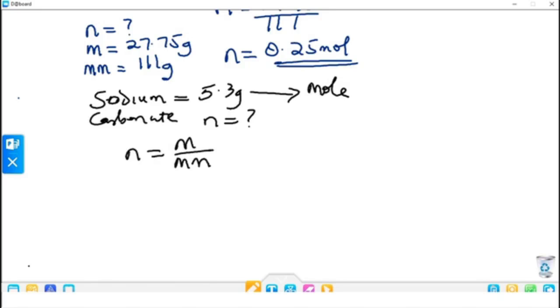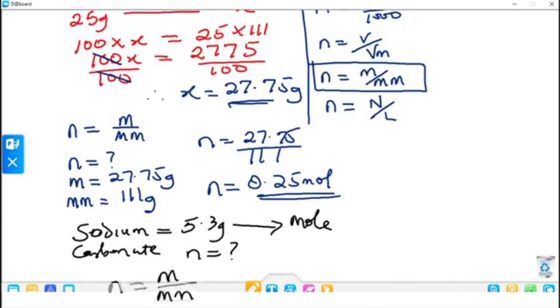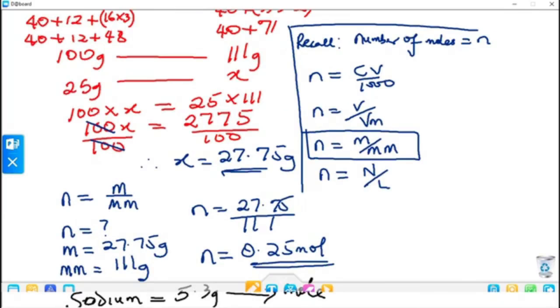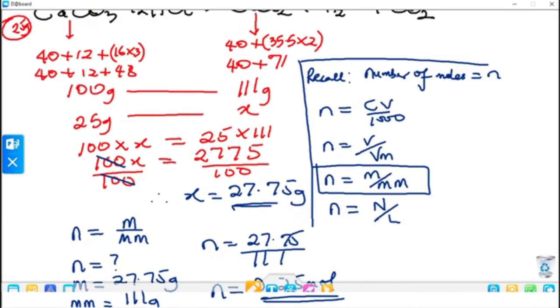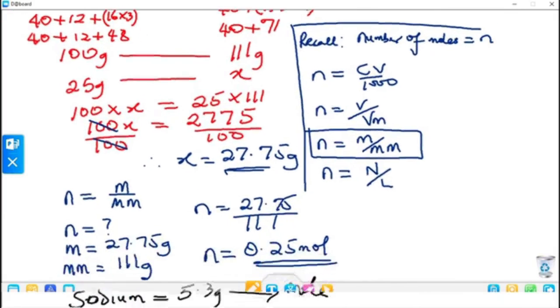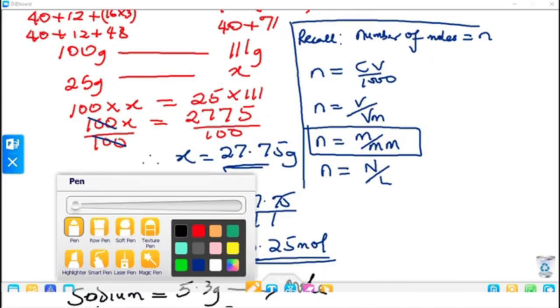That is the relationship. These relationships of mole with other parameters are very, very important, so always remember them at any point in time.